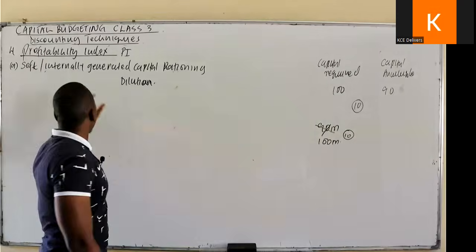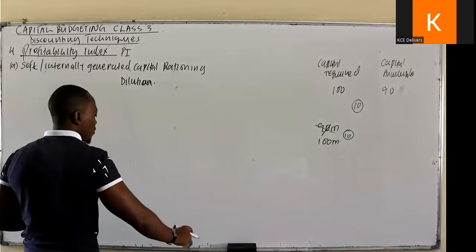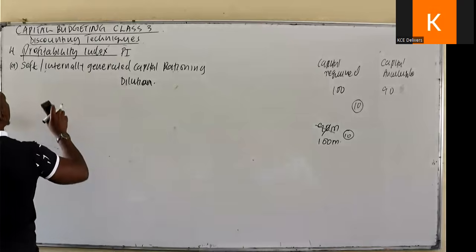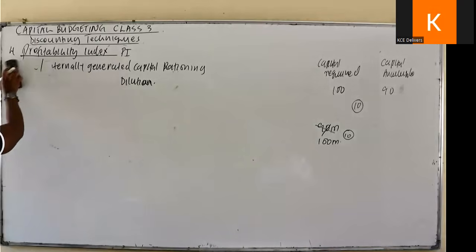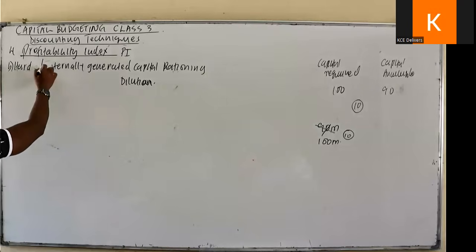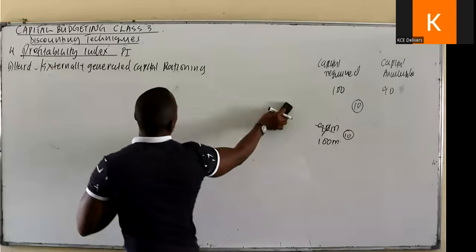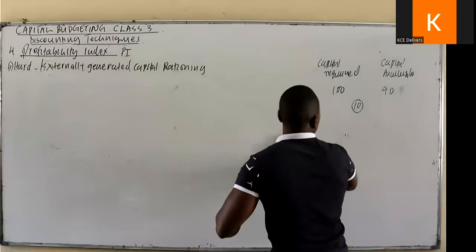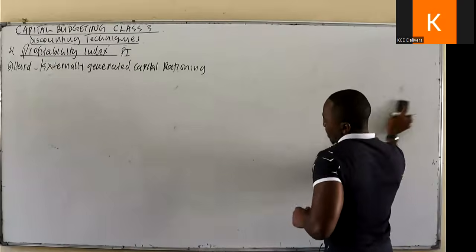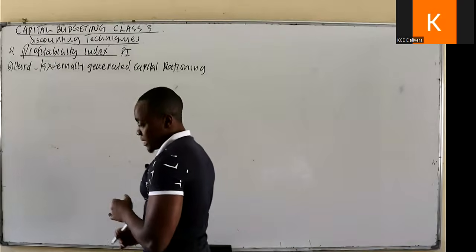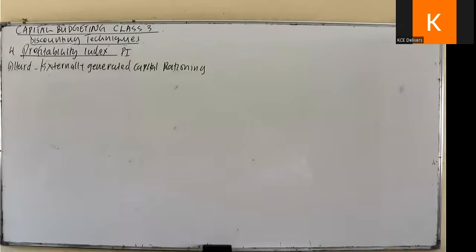Good. Now let's look at B. That was soft, or internally generated, capital rationing. Now we look at B, which is hard, or externally generated, capital rationing.